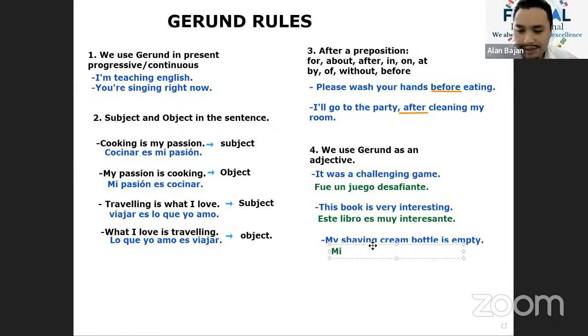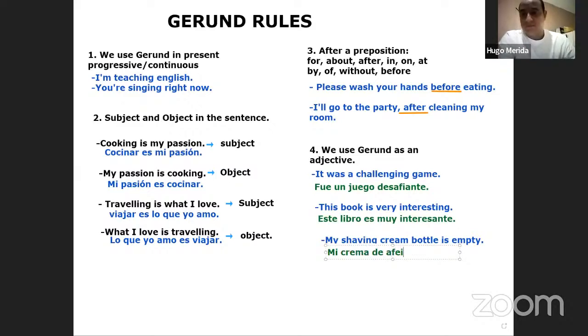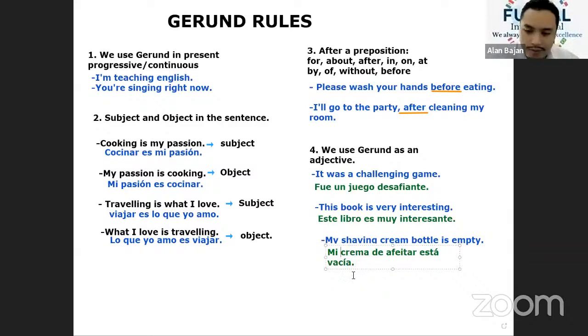What is shaving cream, class? Crema de afeitar. Can be mi botella, mi frasco, mi recipiente.